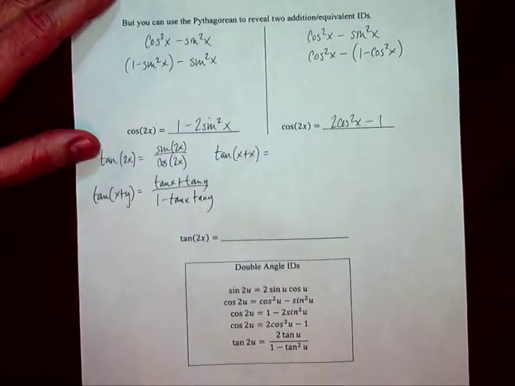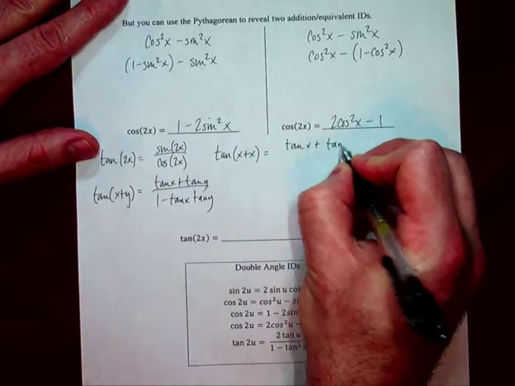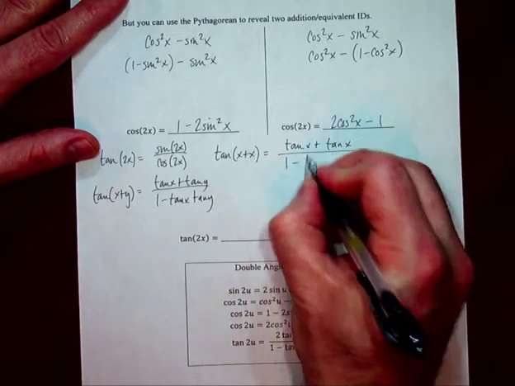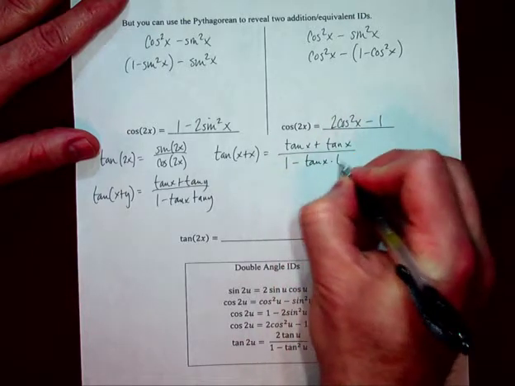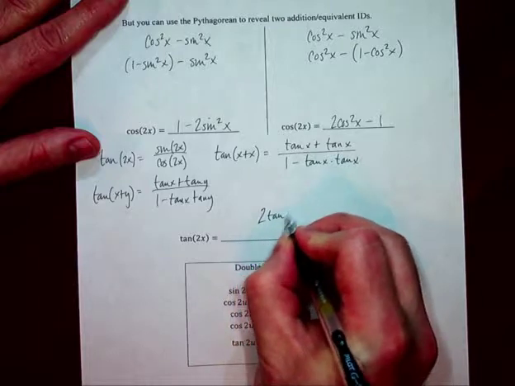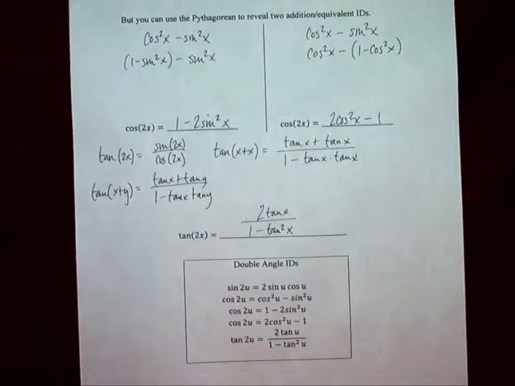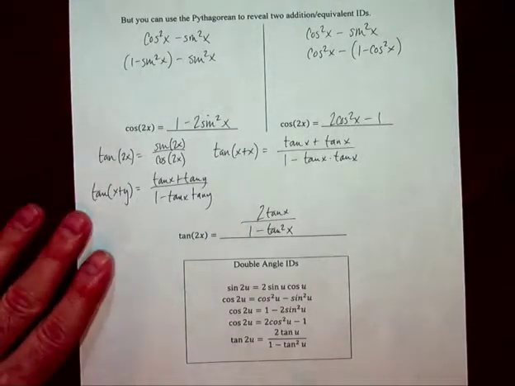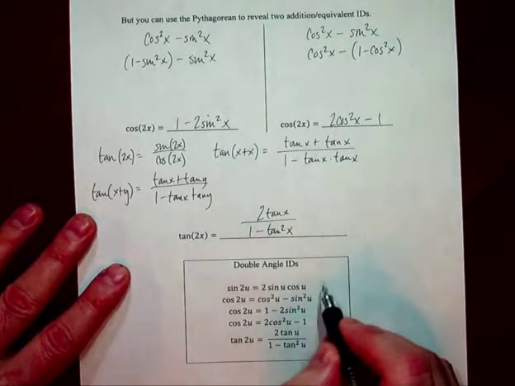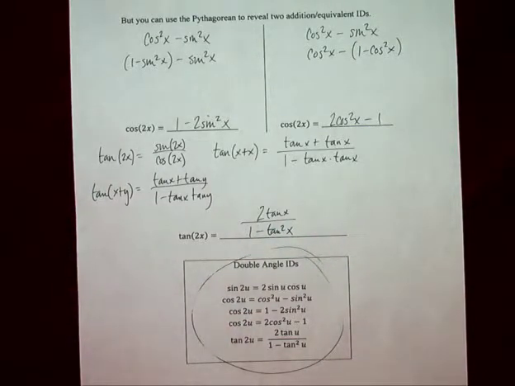And we can use that to make it tan x plus tan x over 1 minus tan x times tan x, and we wind up getting 2 tangent x over 1 minus tangent squared of x. Ta-da! And that is how we derive all 5 of these. And they wind up being really, really helpful, oftentimes more helpful than the sum and difference identities.